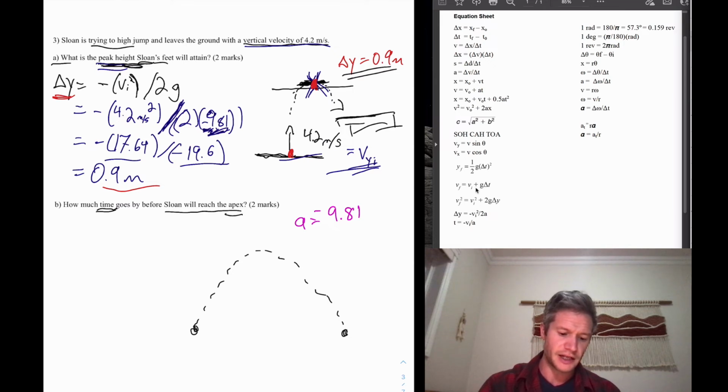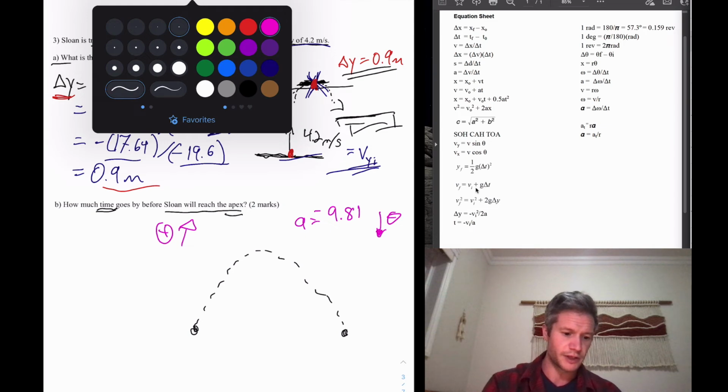I say negative because that means downward. This is just how we're setting it up. Alternatively, upwards would be positive on our coordinate system here for this projectile motion.